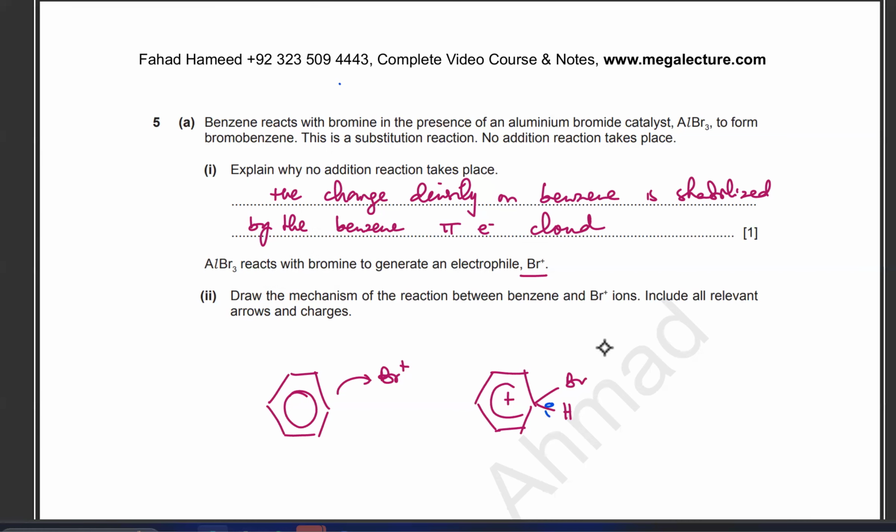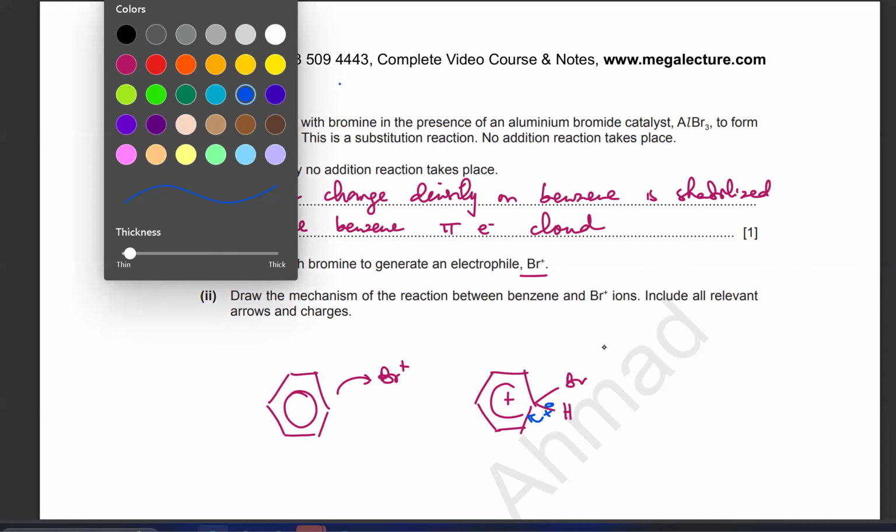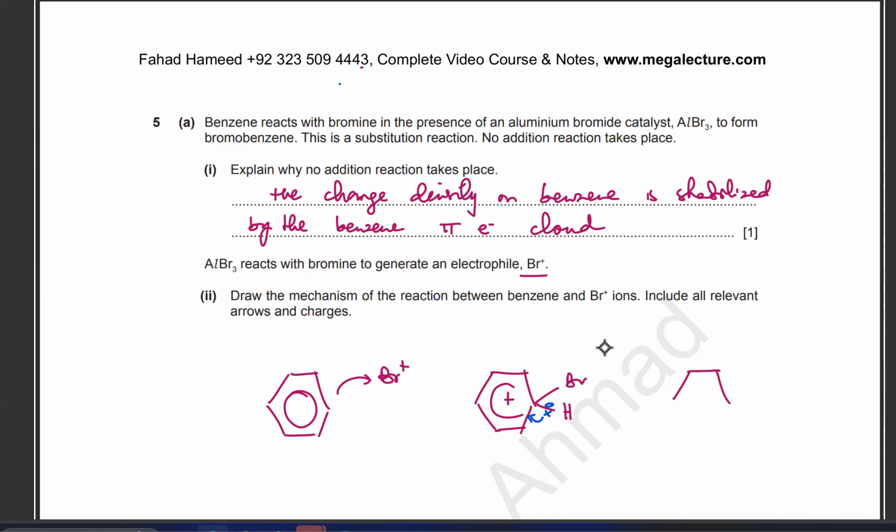The H then loses electrons, and what you get is a complete benzene. And where does the H go? It forms HBr. ठीक है. So there were electrons, one of the Br gets attracted to the H and it forms HBr. And the AlBr3 catalyst gets formed back again. ठीक है? Is this clear?